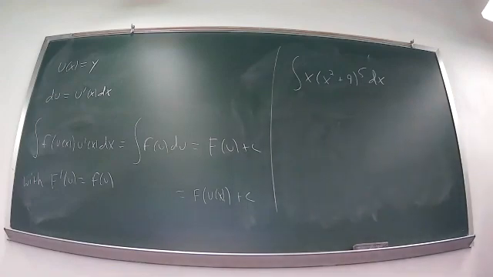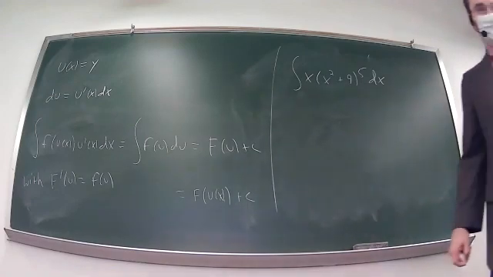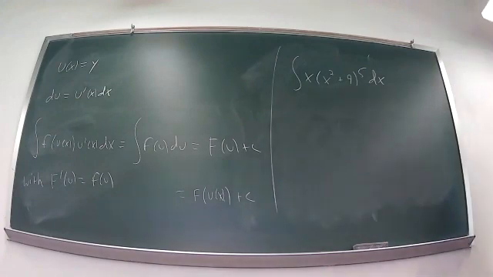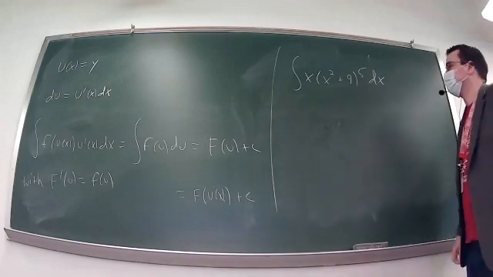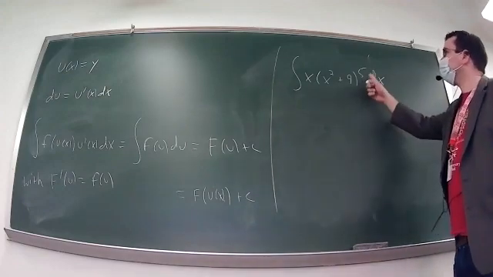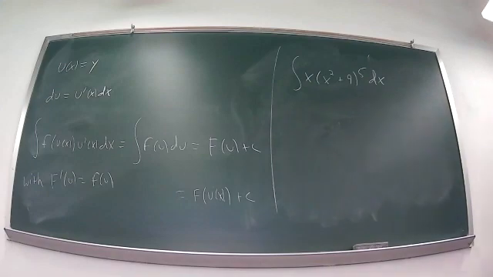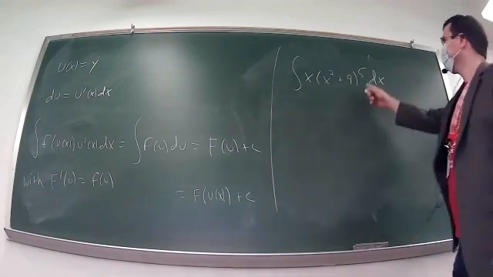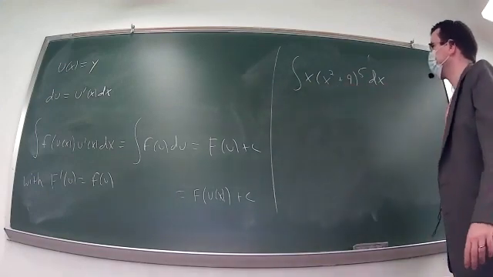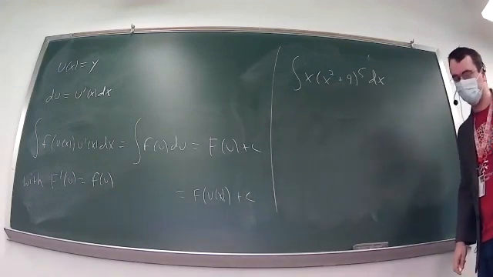This example is basically an old joke because at the end of semester exams, the professor typically puts an example like this where you might be tempted to multiply this out. And if you do have the fortitude to do that, you can multiply x times (x squared plus 9) to the 5th.